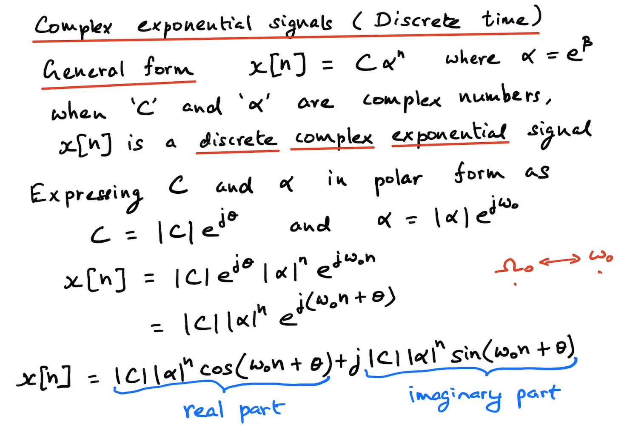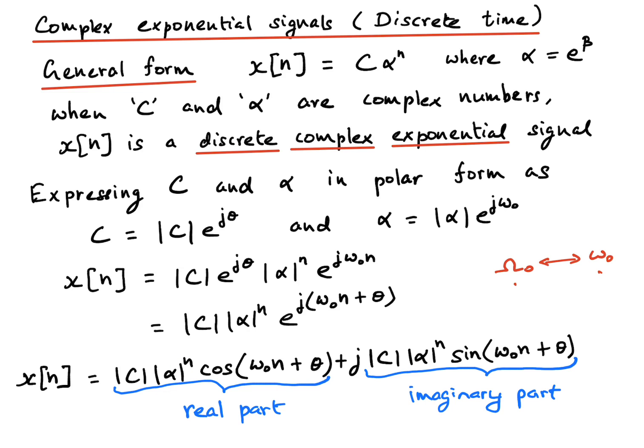We can set this alpha, which is raised to the power n, to different values and see what happens to the discrete complex exponential signal. Of course, we cannot have alpha equal to 0, because 0 to the power of anything will become 0, and this whole term will be 0, and this whole term will also become 0, because it will have 0 as a multiplying factor. So we cannot have alpha to be 0.